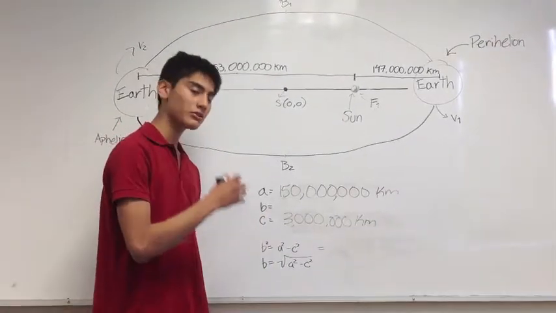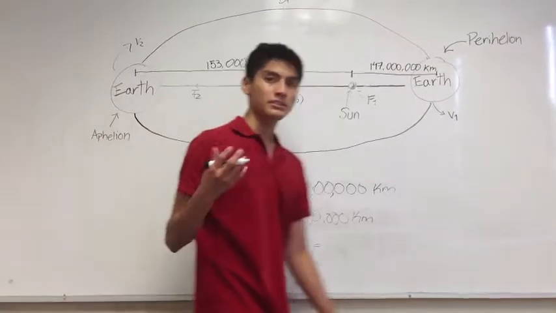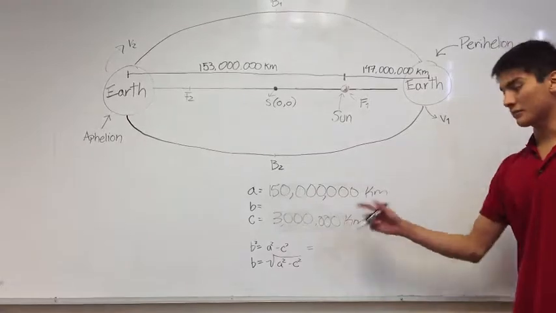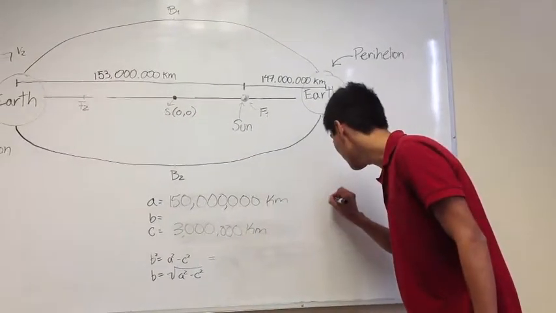To get B, now we have to use this formula. B squared is equal to A squared minus C squared. Since the values of A squared and C squared are very big, we're using scientific notation.